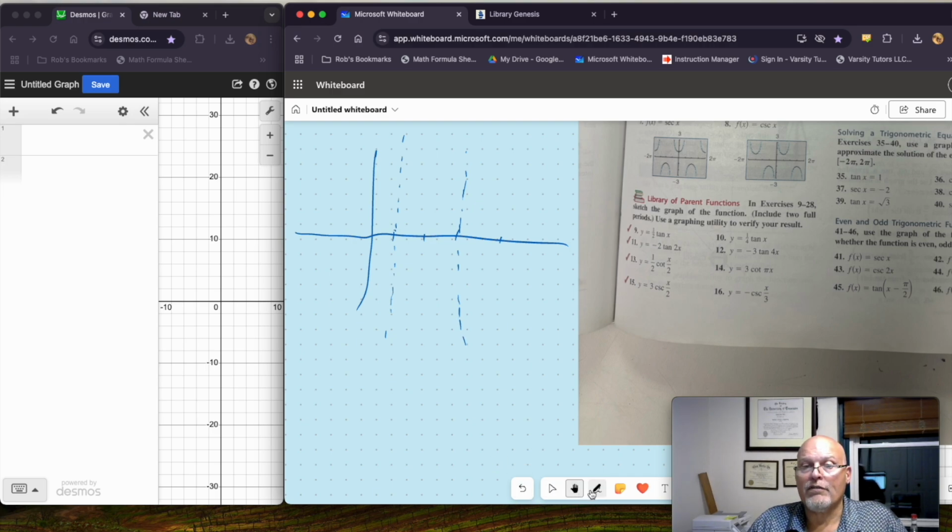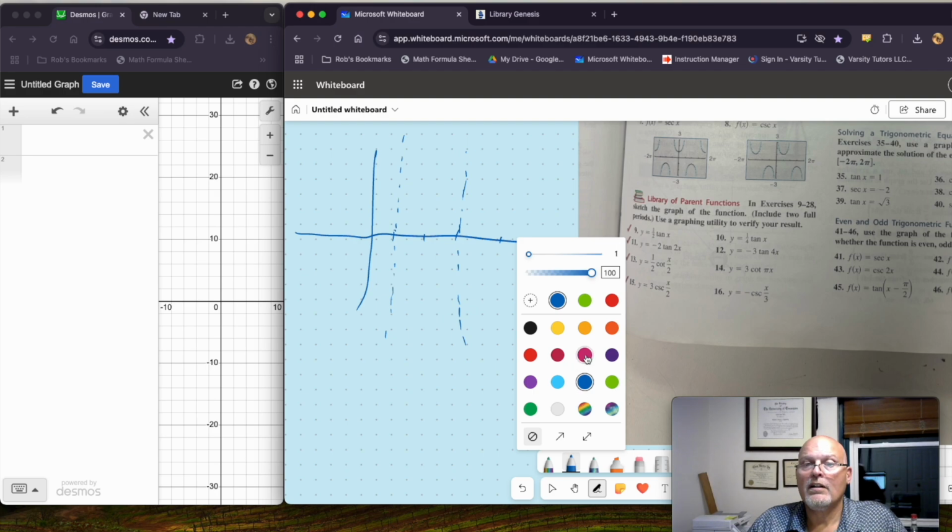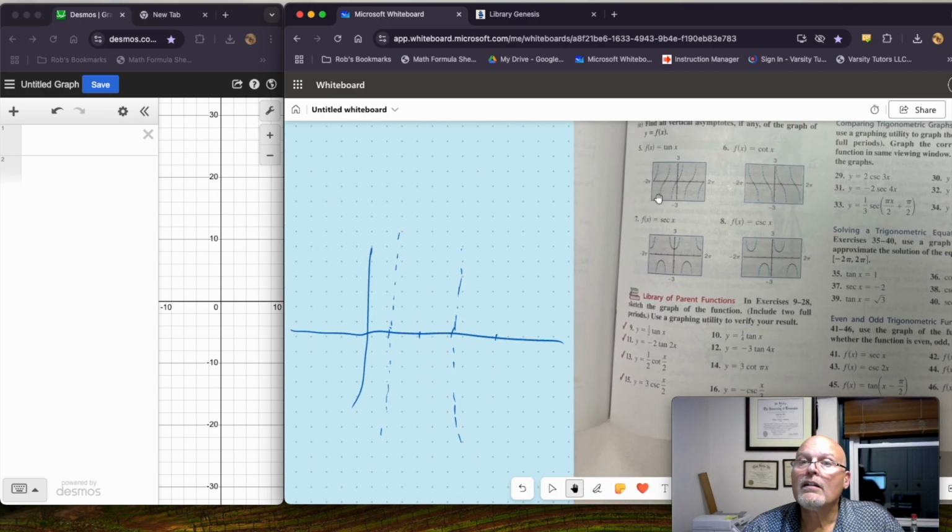And so if I were to draw my parent function, I would get this right here. The first one comes from positive infinity, goes through 1 at pi over 4, 0, negative 1 at negative pi over 4, and then down to negative infinity at negative pi over 2.